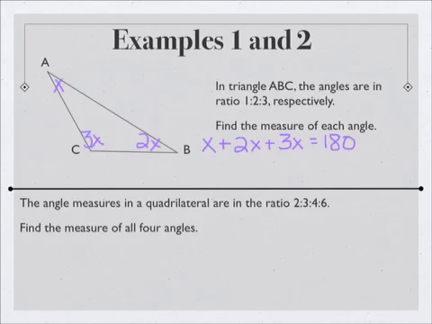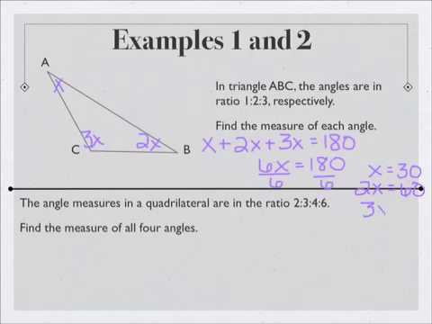So when I combine these, 1x plus 2x plus 3x gives me 6x equals 180. Divide by 6, and x equals 30. So that's my smallest angle, which goes with that 1. My next biggest angle was 2 times x, so 2x would equal 60, because 2 times 30 is 60.